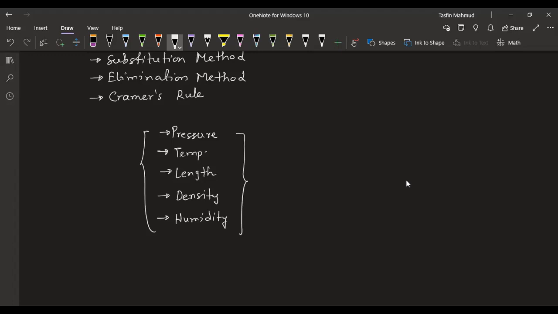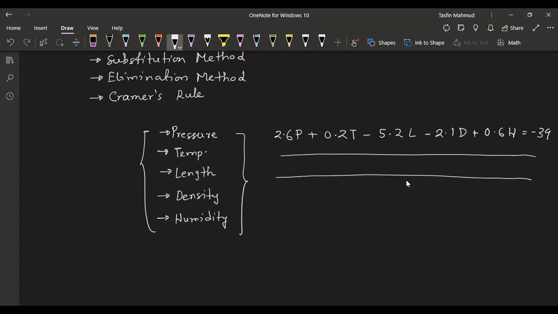The first equation, let's assume, looks like this: 2.6p plus 0.2t minus 5.2l minus 2.1d plus 0.6h equals minus 39. So we have this equation, and we will need 4 more equations to find the value or the relationship of these parameters, right?